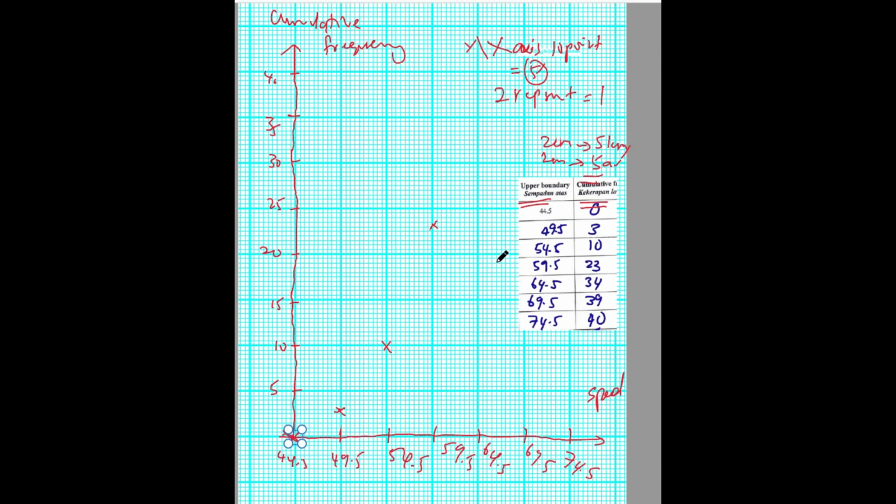Then 64.5 is 34, we have 30 here, and 34 means 2 below 35. Then 69.5 is 39, which is 2 below 40, which is here. And then we have 74.5 and 40.